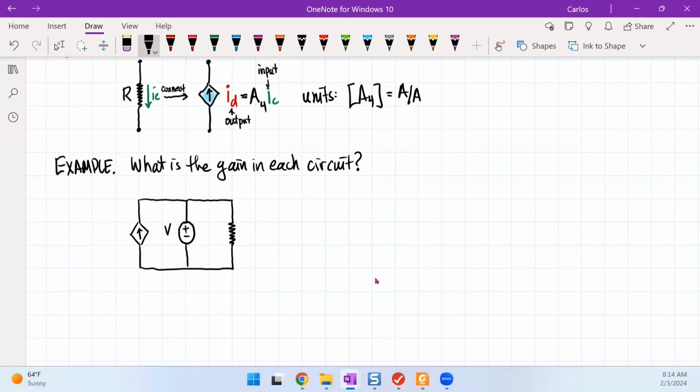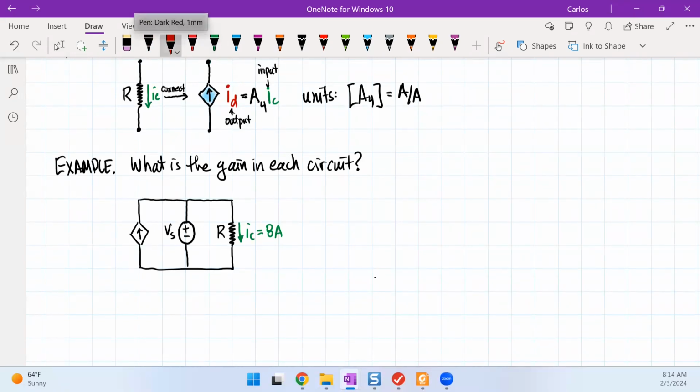So here's my voltage source. Here's my resistor. And I'm going to look at the current of this resistor here. We were able to measure this with an ammeter, and we know that it has 8 amps.